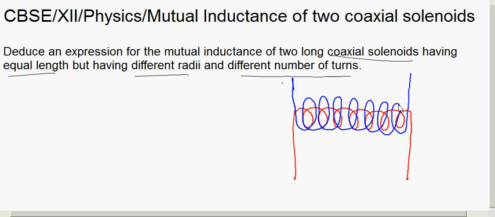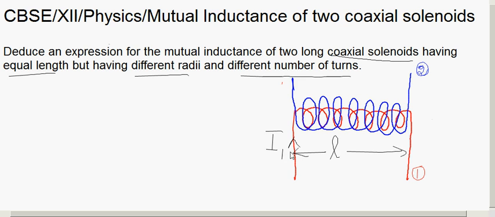One has radius r2, the other one is r1. Let us say this is solenoid number 1, and this is number 2. Two solenoids numbered as 1 and 2. Let the length of the solenoids be L, that is they have equal length. Let us say we are passing a current I1 through the first solenoid.